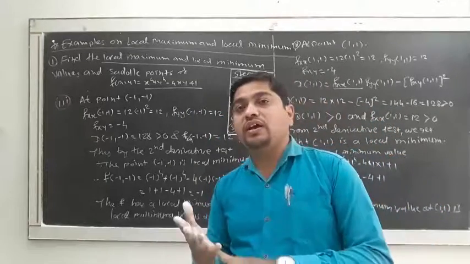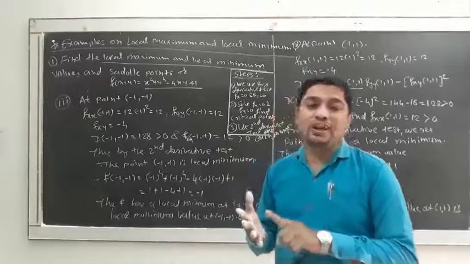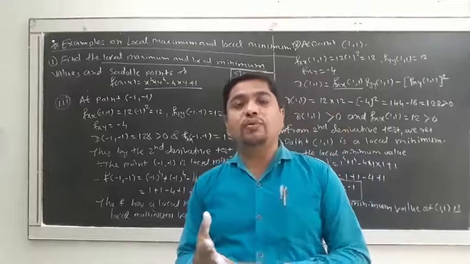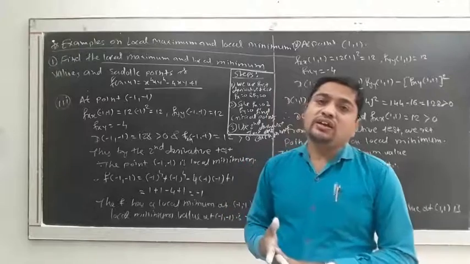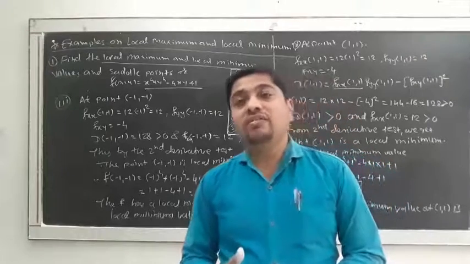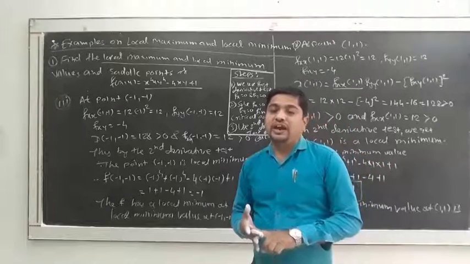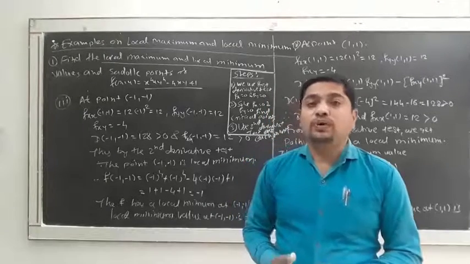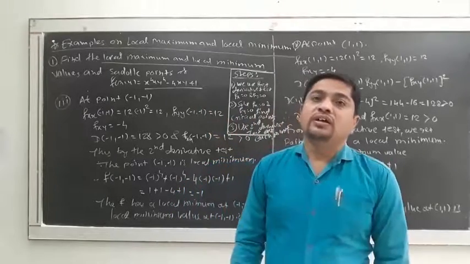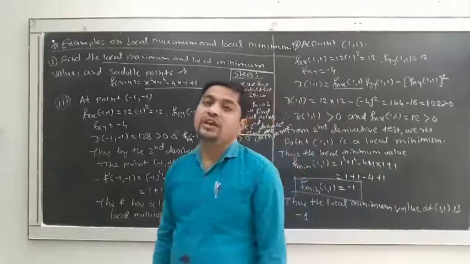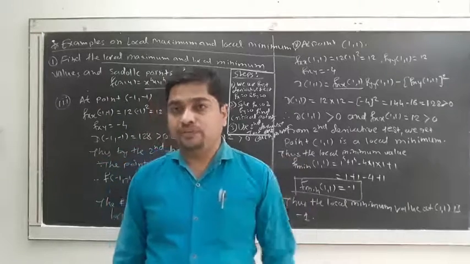First use the first derivative test, that is fx is equal to 0, fy is equal to 0. Solve these two equations, you will get the critical points. Then at every point, use the second derivative test and check whether it is a local maximum, local minimum, or a saddle point, and then put the point into the given function. You will get the corresponding local minimum or maximum value.